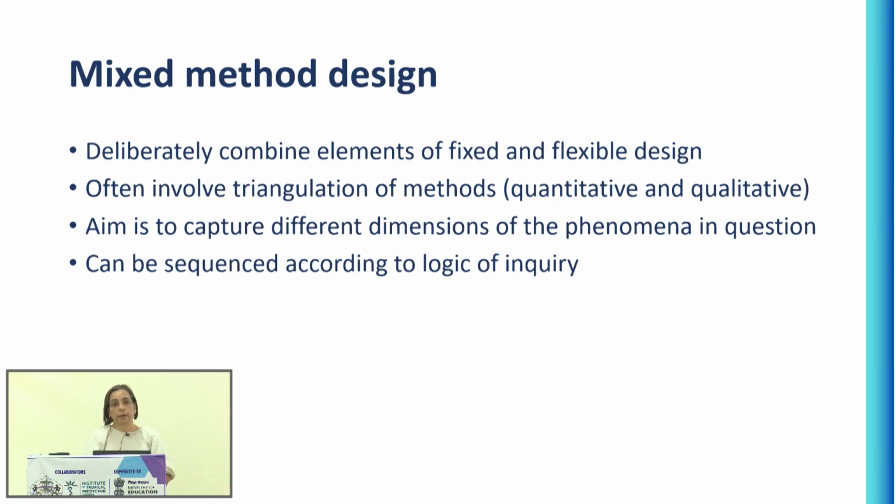Okay? So remember also, sometimes people think you triangulate methods because one method might give you an incomplete picture, whereas another method gives you a complete picture, and therefore you're trying to correct your portrait of reality. That's not the case.